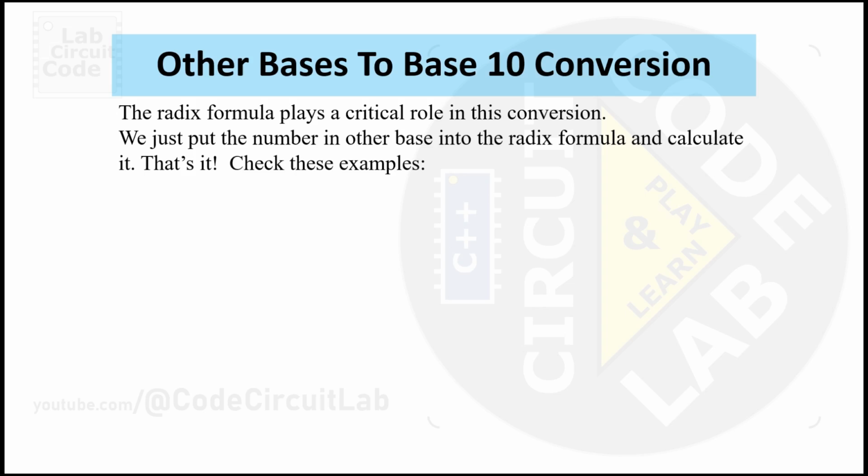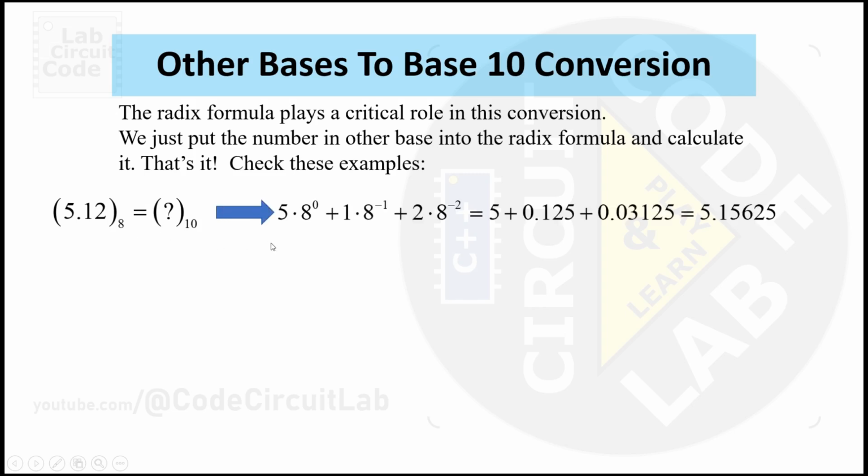Now, before the examples, let me tell you, you may want to convert a number from hexadecimal to base 10, or octal to decimal, or binary to decimal, and we just use the radix formula, like the examples here. For example, 5.12 in base 8 must be converted to base 10. We just write the radix formula.